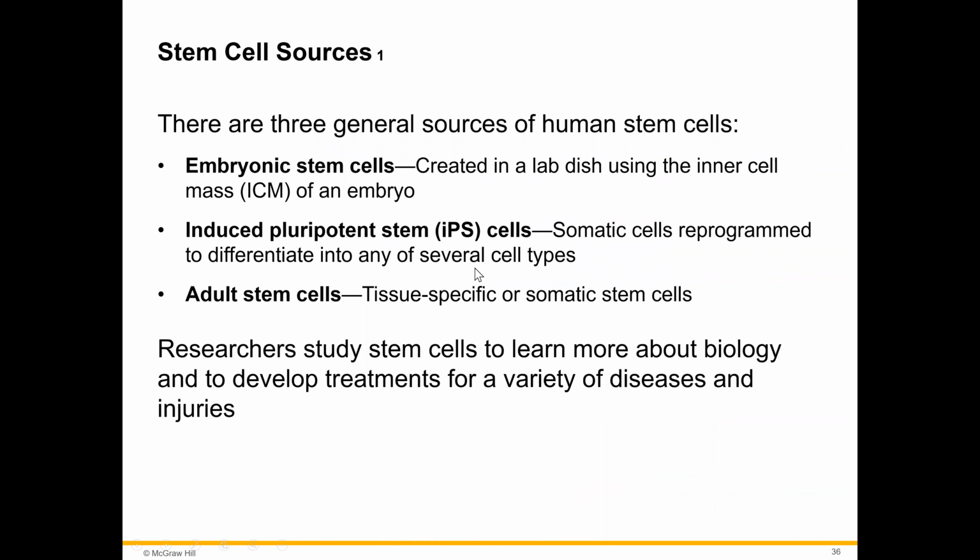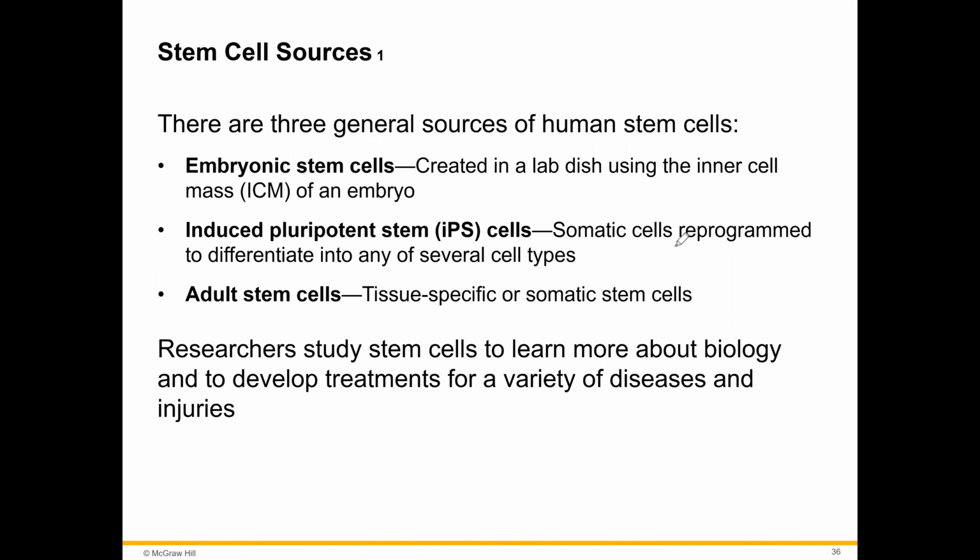There are three general sources of human stem cells. First, of course, embryonic stem cells, created in a lab dish using the inner cell mass of an embryo. To get these embryonic stem cells, we need an embryo. Then we have induced pluripotent stem cells, or iPS cells.